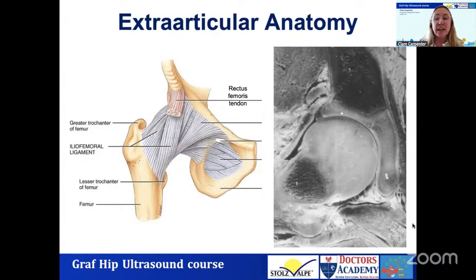Immediately above that, we have the triangular fibrocartilaginous labrum, which we will talk about later on. We then have the capsule, then a gap, which we'll talk about, and then the thickened, reflected head of rectus femoris. All these are seen within the standard plane of the ultrasound.